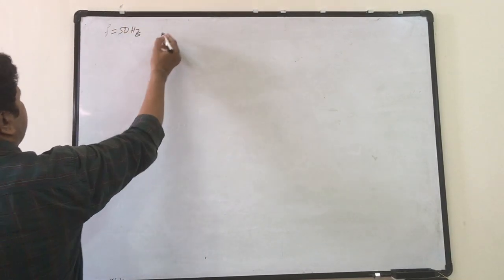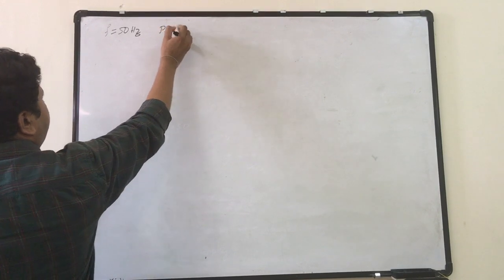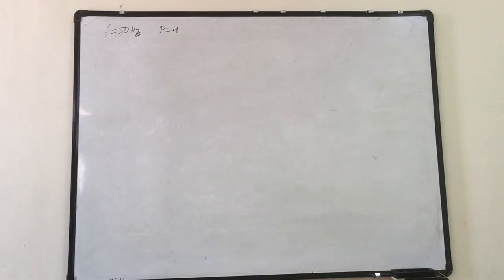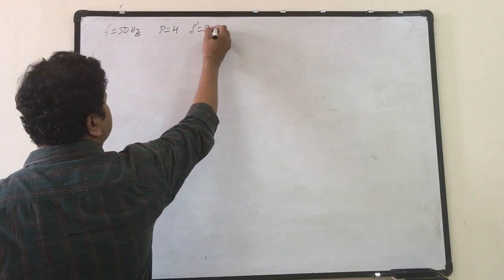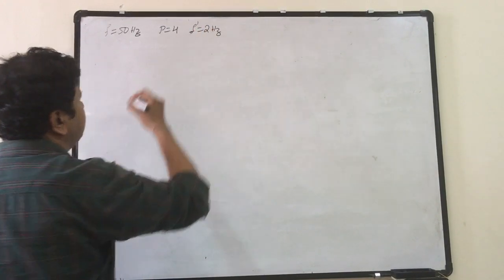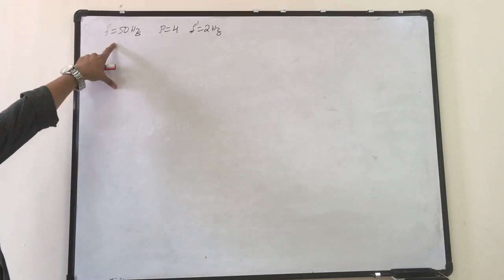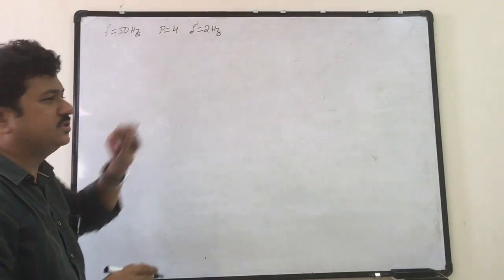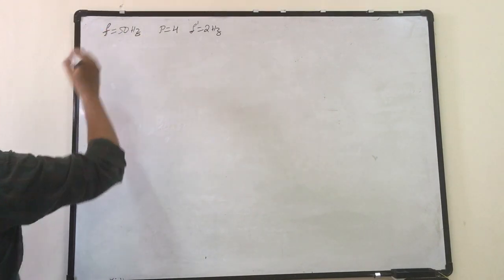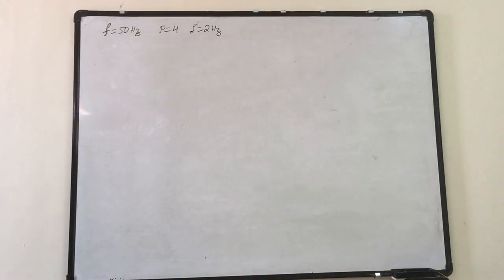So F is equal to 50 Hz, P is equal to 4, and that in rotor is 2 Hz, that is F dash is equal to 2 Hz. So the frequency of EMF in stator is 50 Hz in a 4-pole motor, and the frequency of EMF in rotor is 2 Hz.